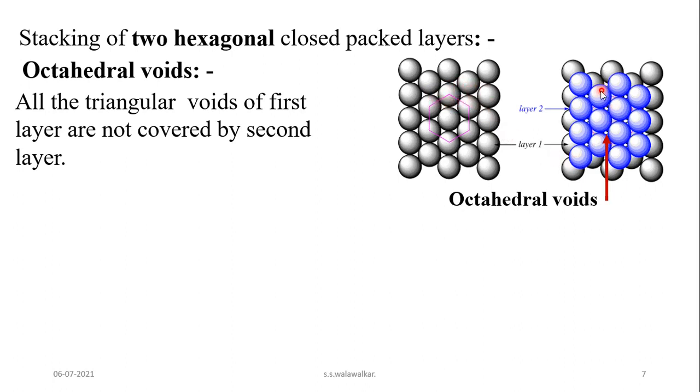When the second layer is placed over this first layer, in the depressions of the first layer, then all the triangular voids of the first layer are not covered by the spheres of the second layer, and the triangular voids which are not covered by the spheres of the second layer are called octahedral voids.